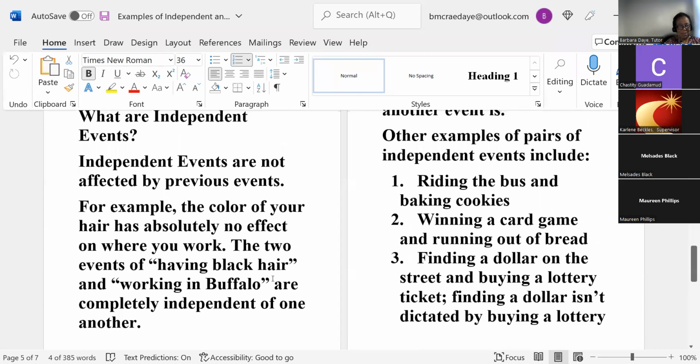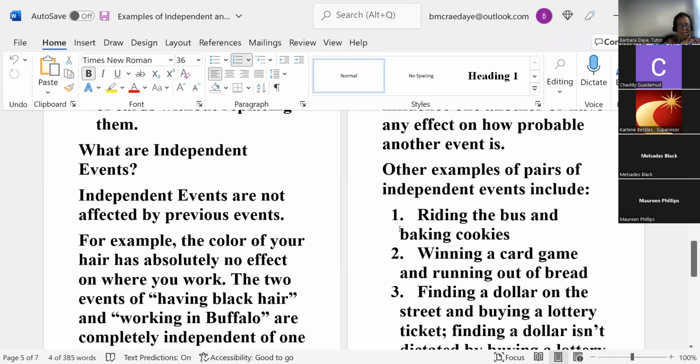Completely independent. What about riding the bus and baking cookies? Independent. Winning a card game, running out of bread. In other words, one doesn't have to happen before the other, right?